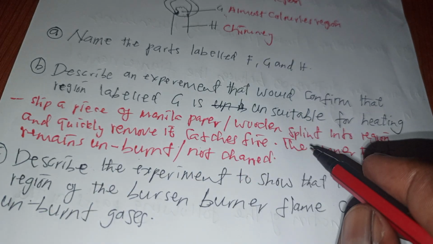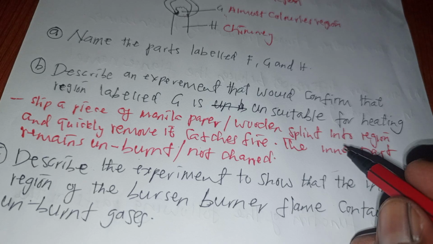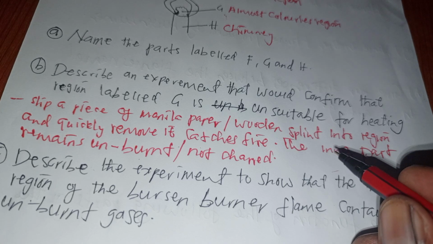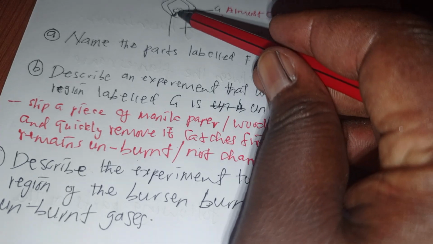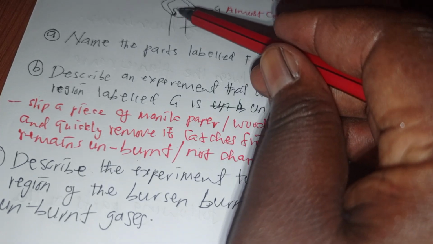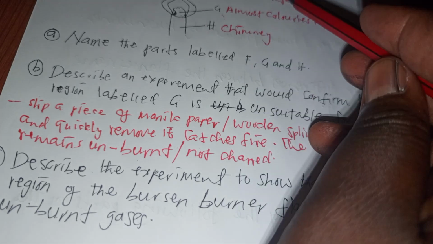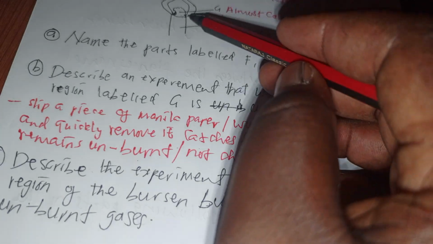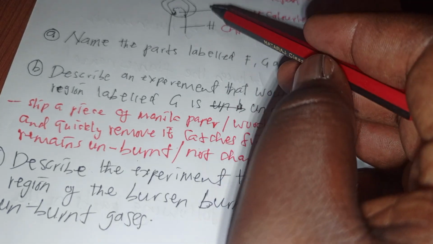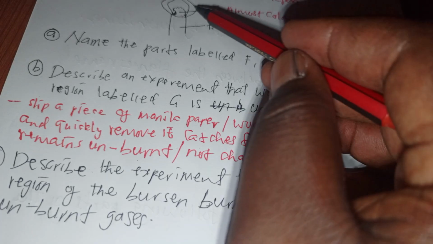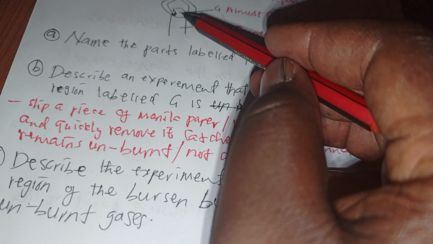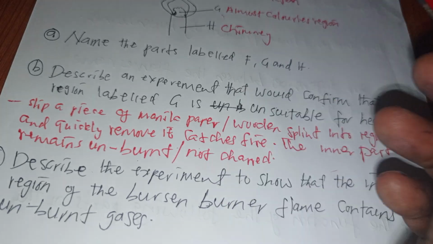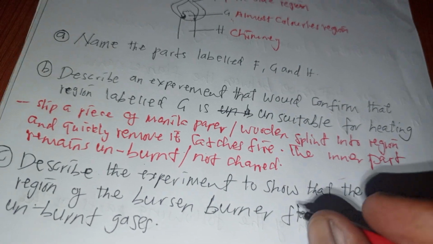Before it catches fire, you remove it. The inner part remains unburnt, not charred. It is observed that the paper won't be burnt because there's no heat here, and this part is not used for heating. So this is the answer.